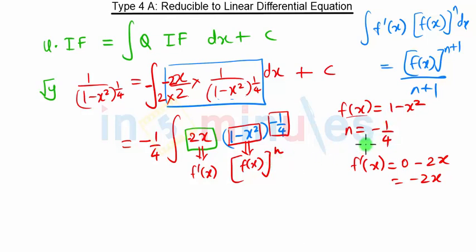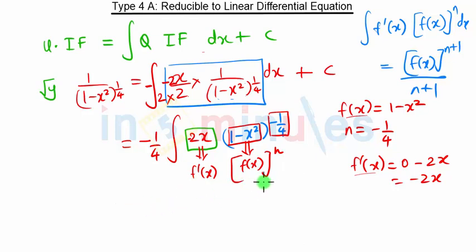In this case, n is minus 1 by 4, f of x is 1 minus x square, and f dash of x is minus 2x. So this is how we modify our equation so that we can use some integration property. And mind my words, in the exam also, the last integration will be some property, or it will be a very easy integration. Okay, just look for some property and it will solve this problem.